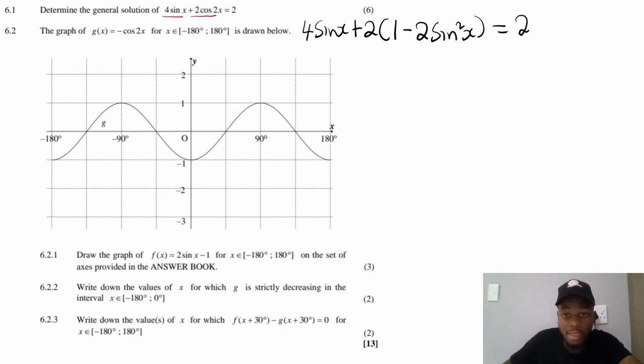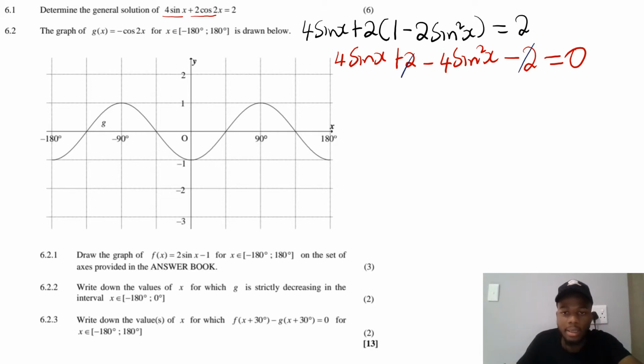So all we need to do now is to simplify. We'll be having 4 sin x. 2 multiplied by 1 is going to give us 2, minus 4 sin squared x. Then we take this 2 to the other side so that it becomes minus 2 equal to 0. If you check, 2 and 2 subtract each other, that becomes 0. So we'll be left with 4 sin x minus 4 sin squared x.